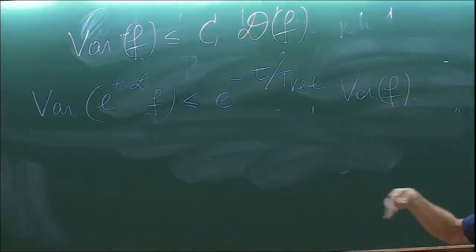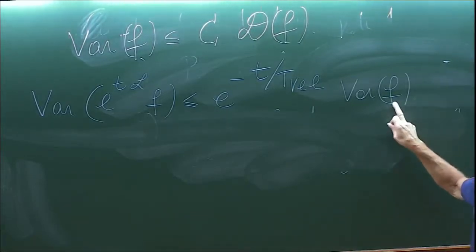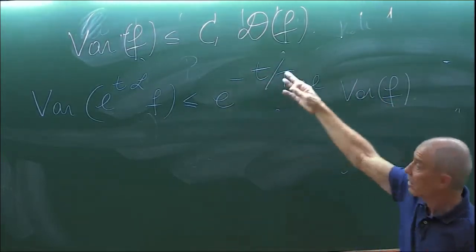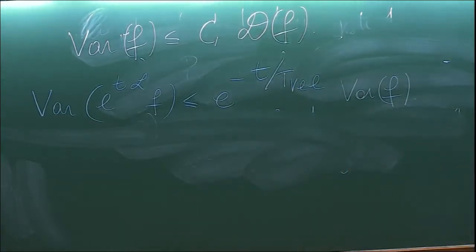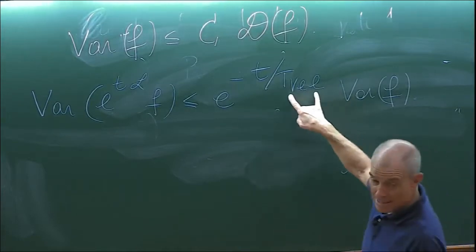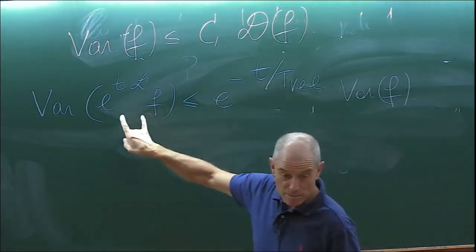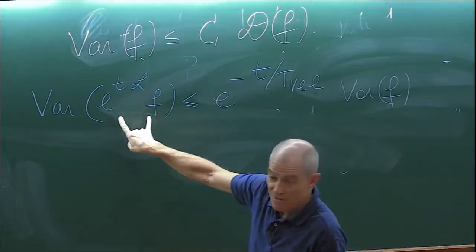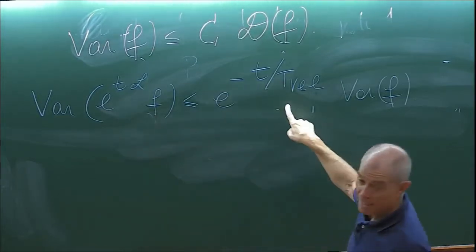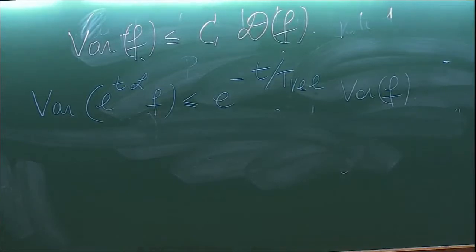It's a trivial computation: just expand the function in the eigenvectors of L and do a trivial estimate. So in a sense, this time scale rules the approach to equilibrium, in the sense that the function becomes a constant in the L2 sense.